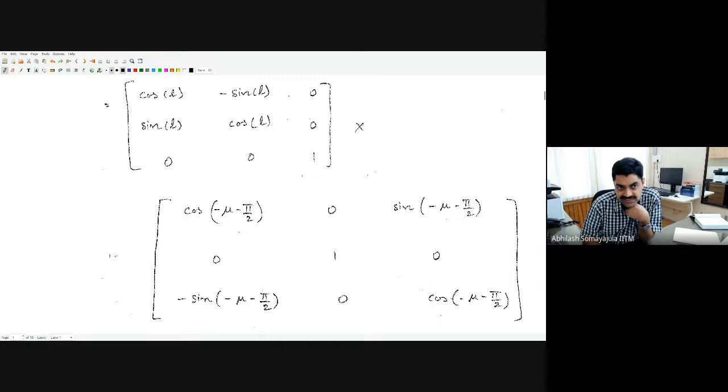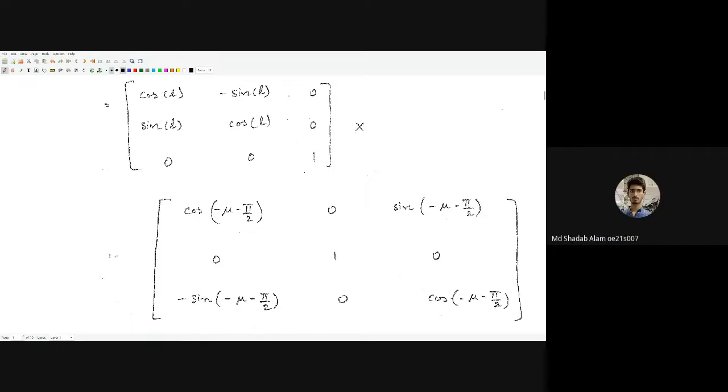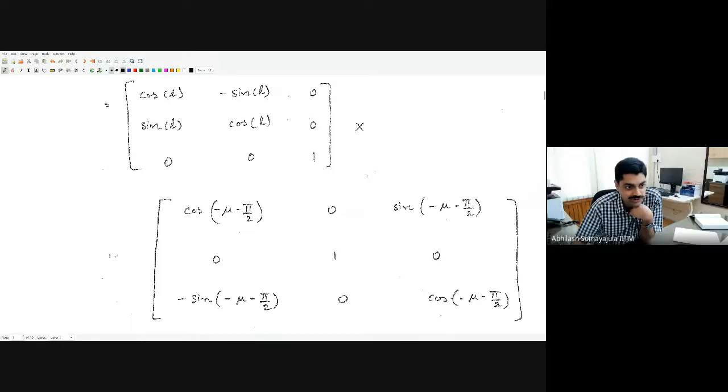Is this making sense? It's not making sense to me. So let me go back, just to convince myself that we are doing this right.